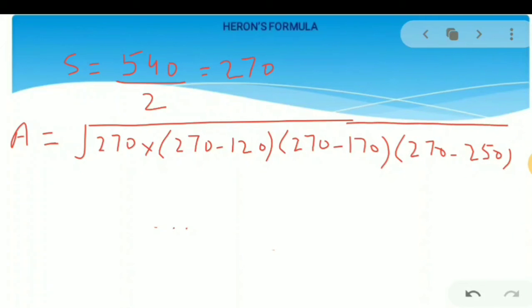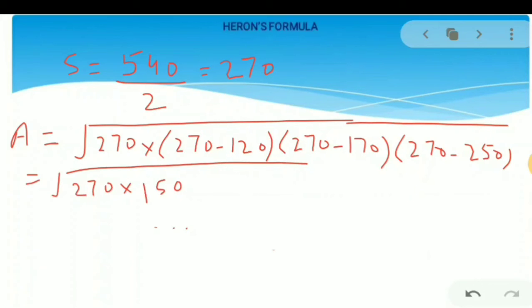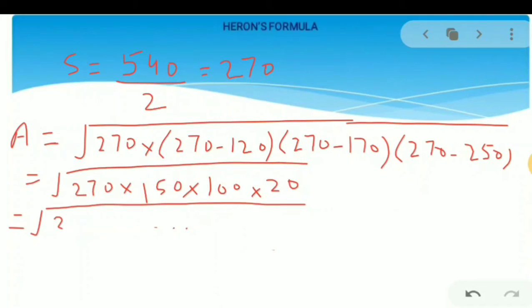This we have done. Now 270 as it is, it will come 150, it will come 100 and it will come 20. Now let me factorize these. This is the factorization of 270.